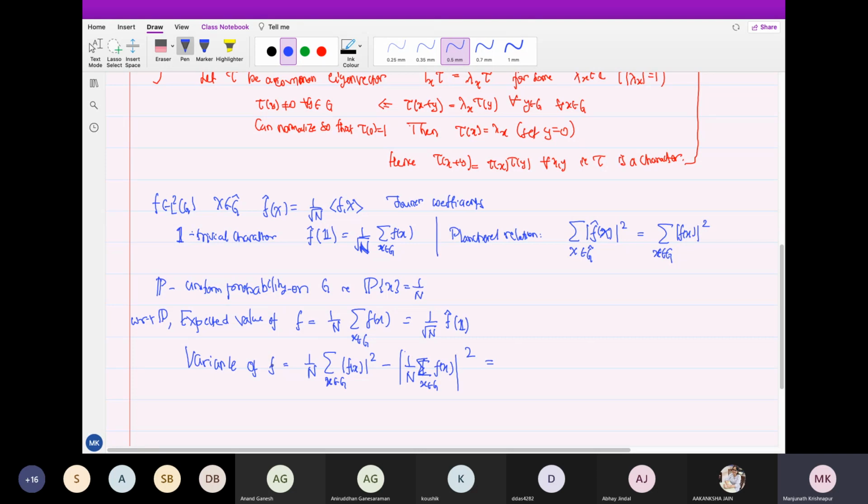In this case, we know by the Plancherel relation that the first term is just 1 over n times the sum over all the characters of f hat of chi squared.